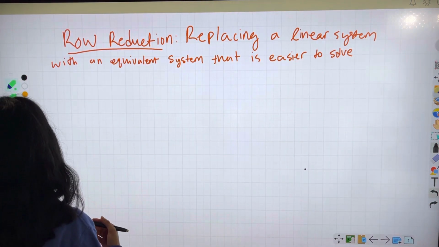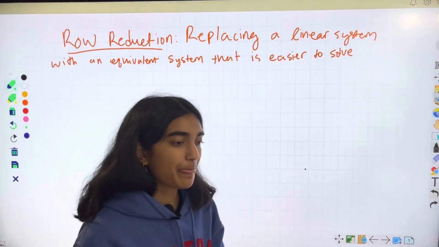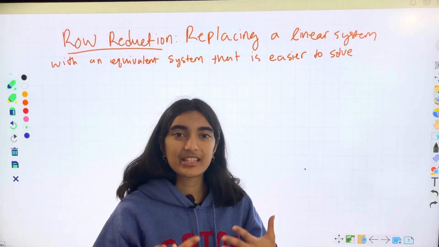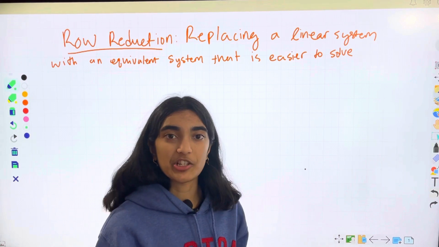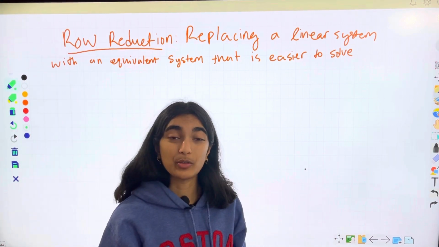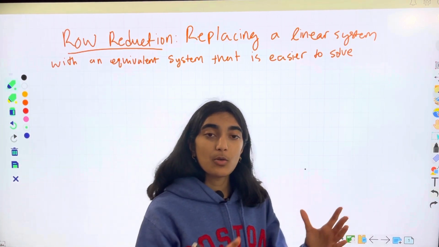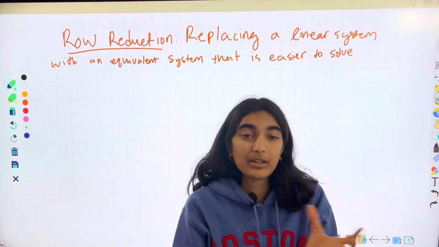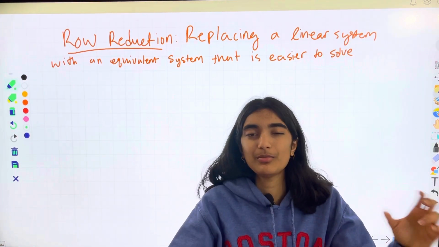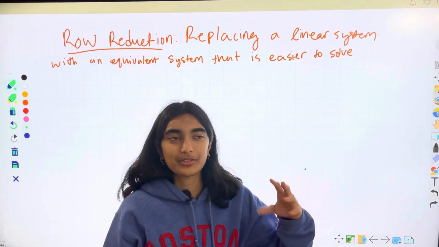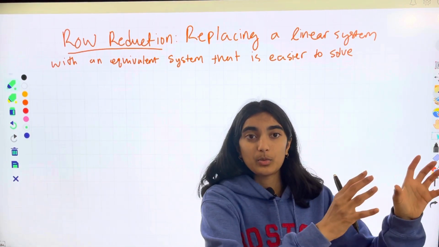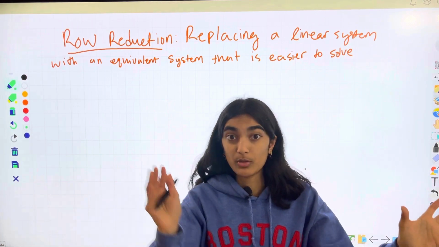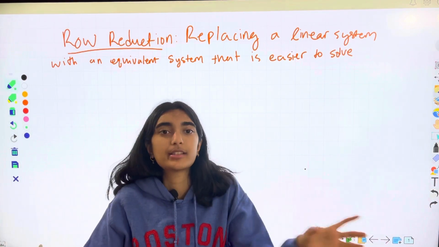So the three operations that we're allowed to do in order to transform one system into an equivalent system that's easier to solve, when we're converting one system to another equivalent system, we have to take a series of steps, right?